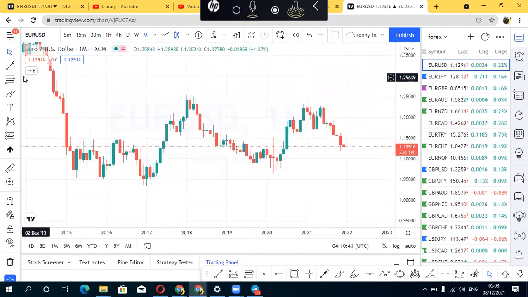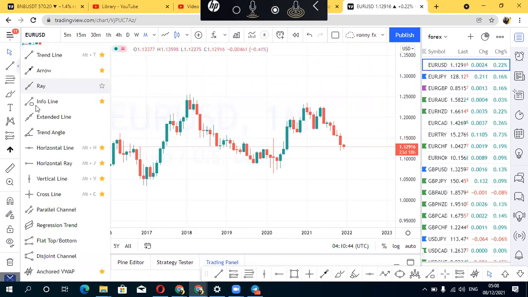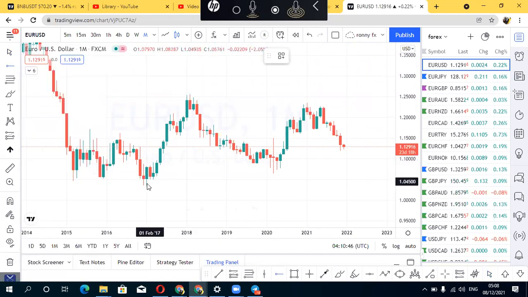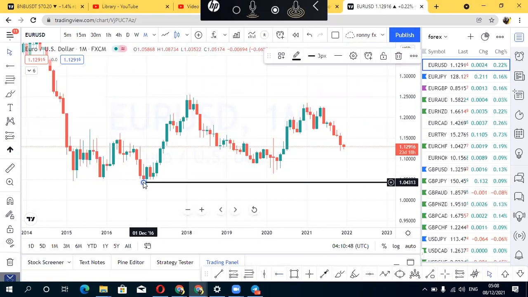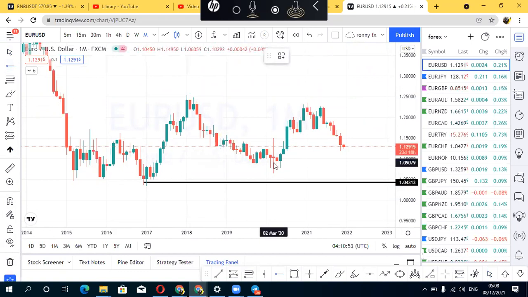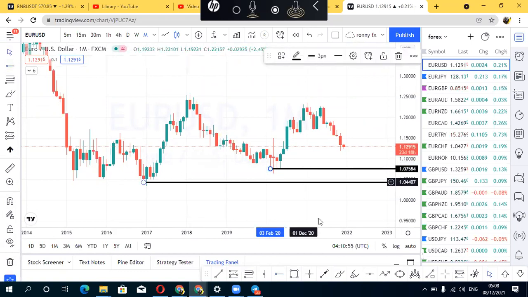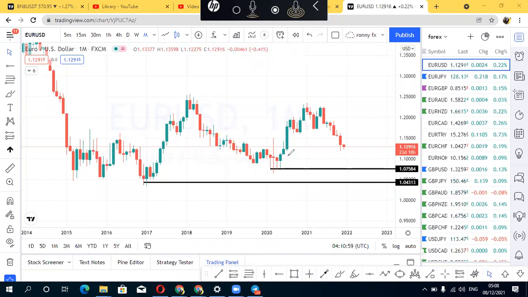So for example, if I take these 2 points on this chart and draw a support line here, let me say this is point B and this is point A. Point B is higher than point A, and it means that a trend line can be drawn here.